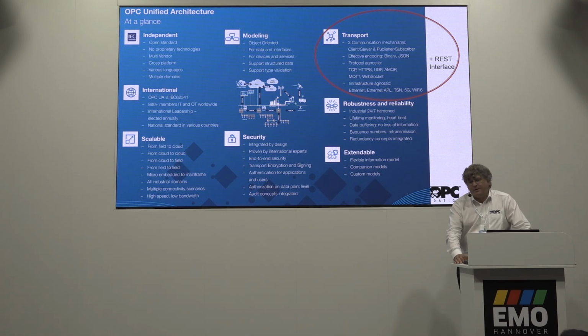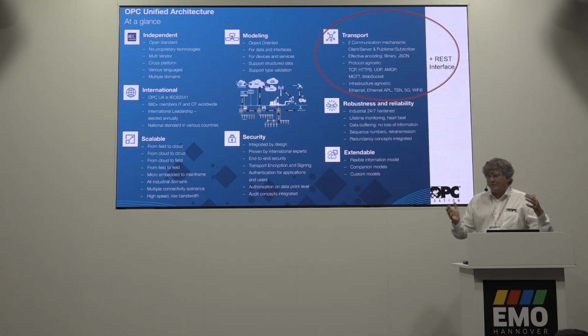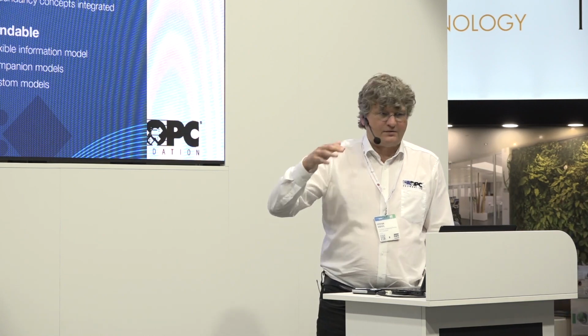About 80% are all the big OT companies. Every big automation company you might know: Siemens, Rockwell, Schneider, ABB, Phoenix, Beckhoff, B&R, Wago, and all these ones. But also a lot of the big IT companies.